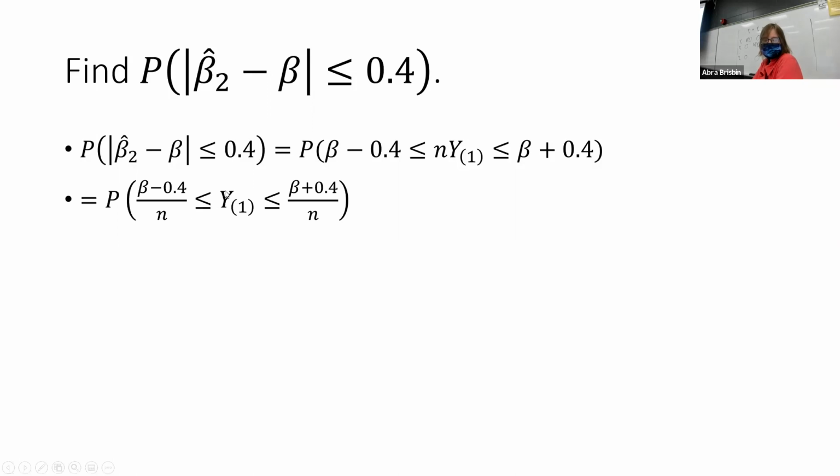And then we can divide everything in this inequality by n. So we get the probability that the minimum is between beta minus 0.4 over n and beta plus 0.4 over n.